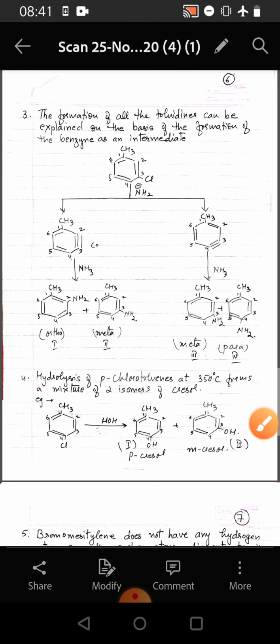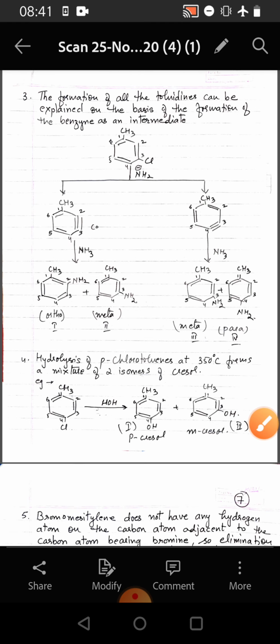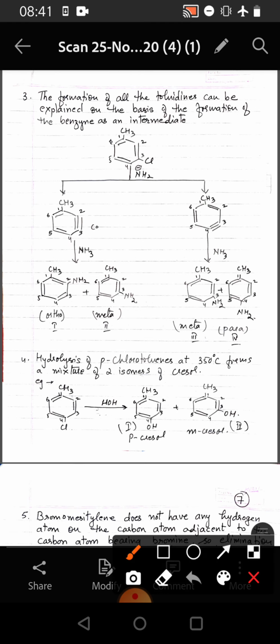Then third, the formation of all the toluidines can be explained on the basis of the formation of benzyne as an intermediate. So here we see that this is chlorotoluene, metachlorotoluene, and the chlorine is at the meta position with respect to CH3 group. When it reacts with amide, then we see that two types of benzyne are formed. In one type of benzyne, the triple bond is between C2 and C3, and in the second, the triple bond is between C3 and C4.